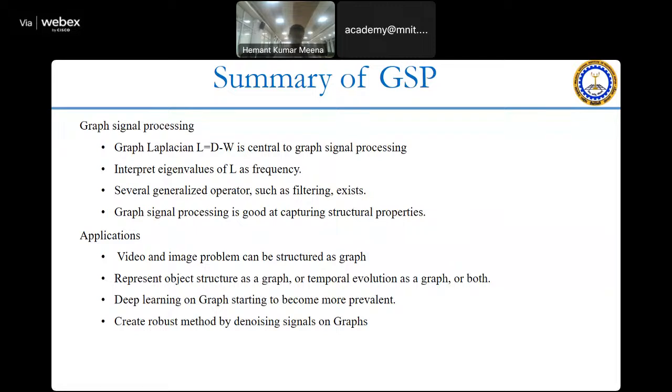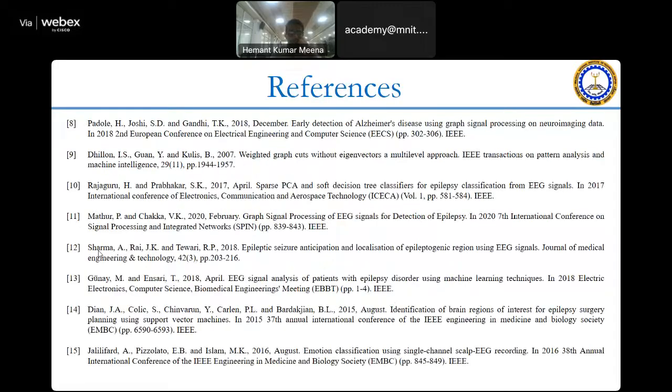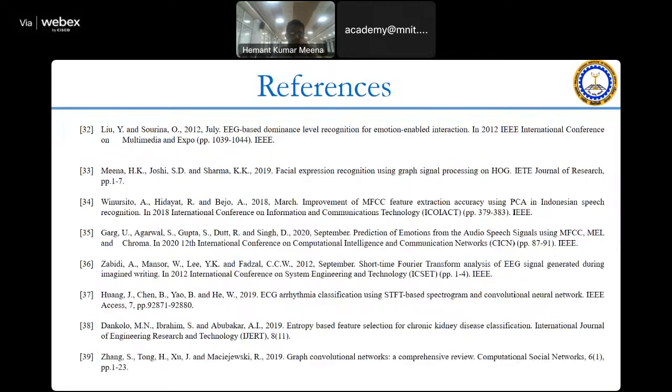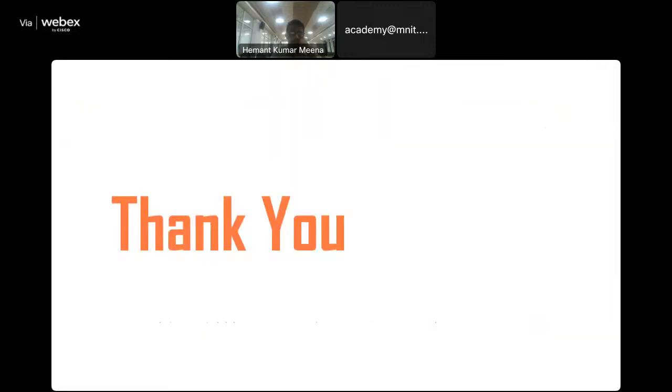So not only are we able to do deep learning, but we are also able to filter out the noise with the help of different filters. So these are the references you can see here. Any question if you have.